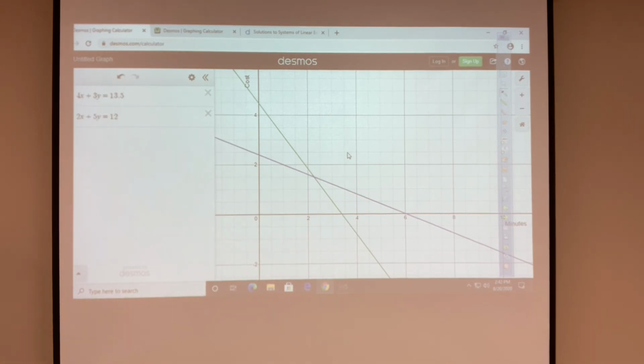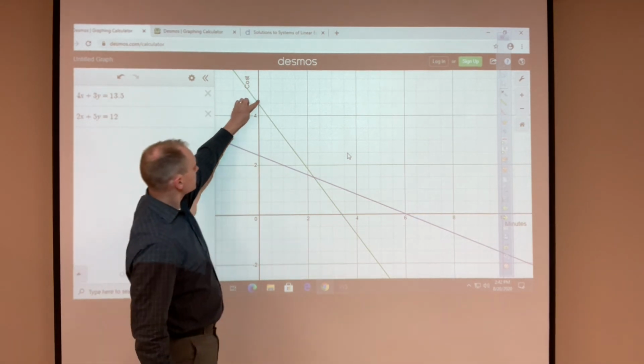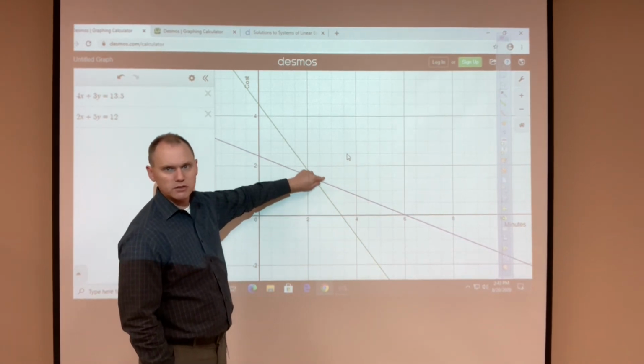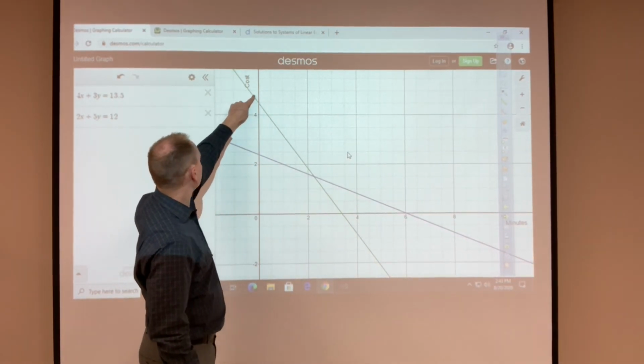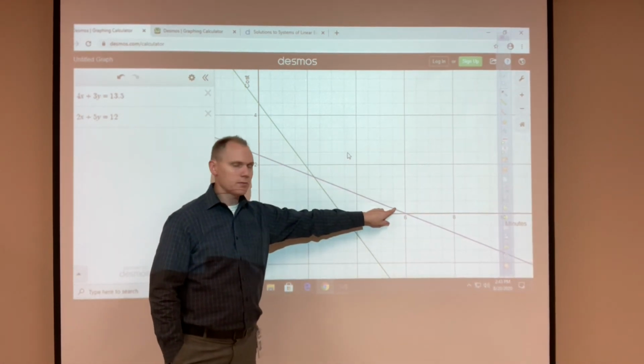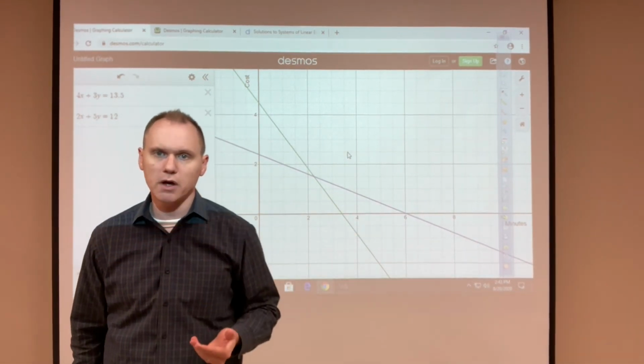All right, so the green one is all the numbers of different popcorn and soda combinations that cost $13.50. The purple one is the line that represents all the various combinations of popcorn and sodas that cost $12.